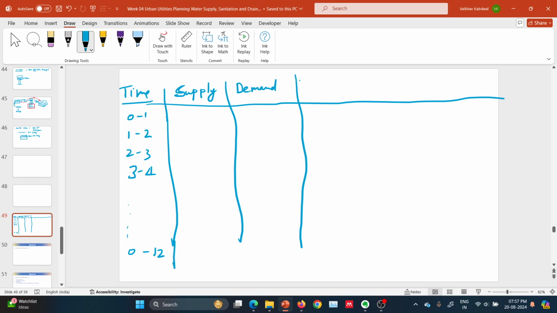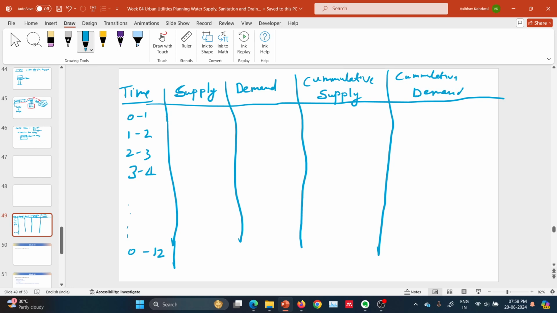So we know supply, we know demand. We need to add and find cumulative supply, and then cumulative demand, and then we will plot these: time versus cumulative supply and cumulative demand.